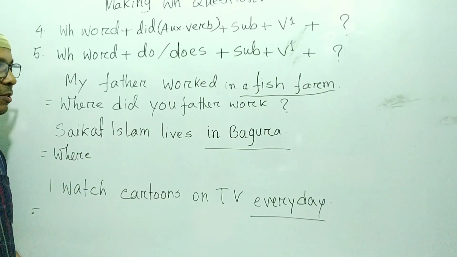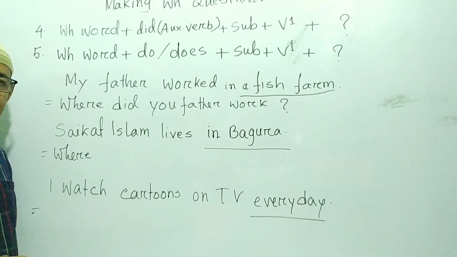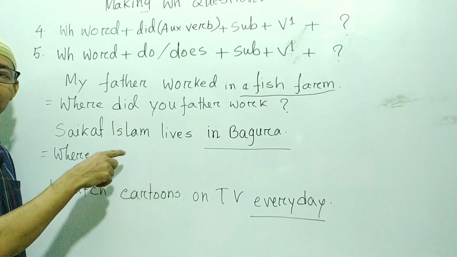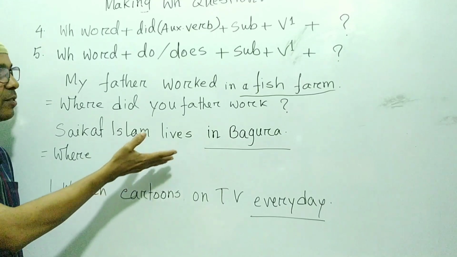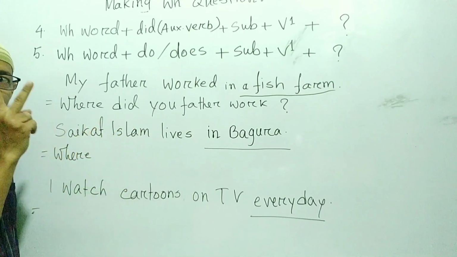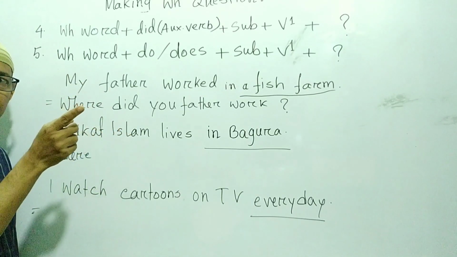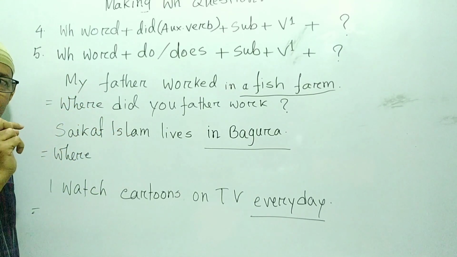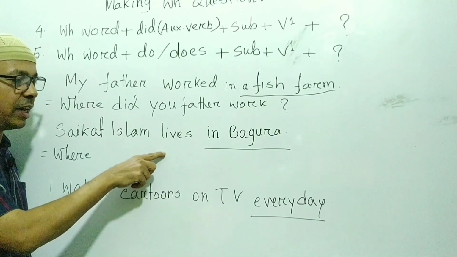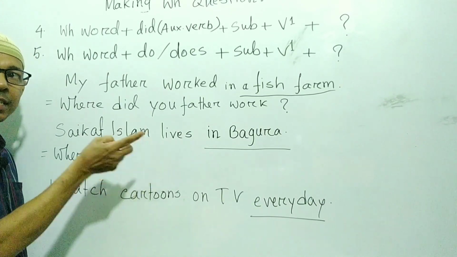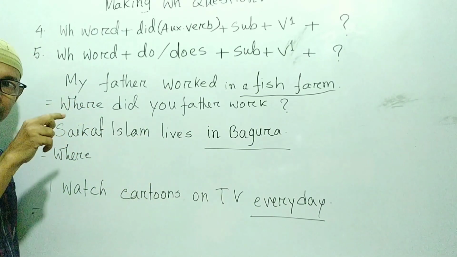Then you have to find out whether there is any auxiliary verb in the sentence. Can you see? No auxiliary verb here. So you have to take do, does or did. Then you have to think which one I will take. Then look at the verb. Here you can see the verb is in the present.